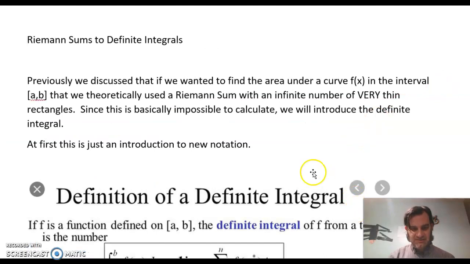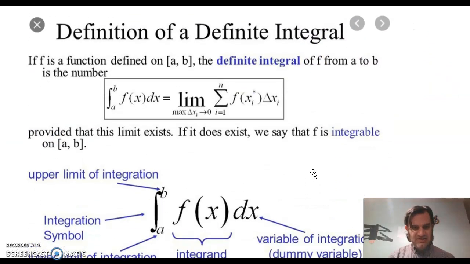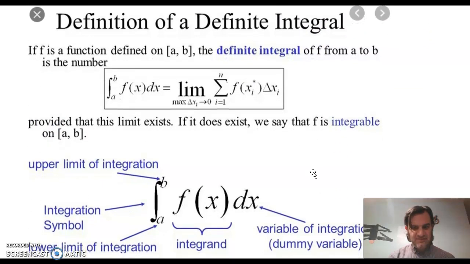We're going to take the idea that we left off with last time, which is this limit definition. Now I copied this from somewhere, so it looks a little bit different than when we had it in the last video. But basically, we've got infinitely thin rectangles. We've got height, we've got width. We're adding them all up.